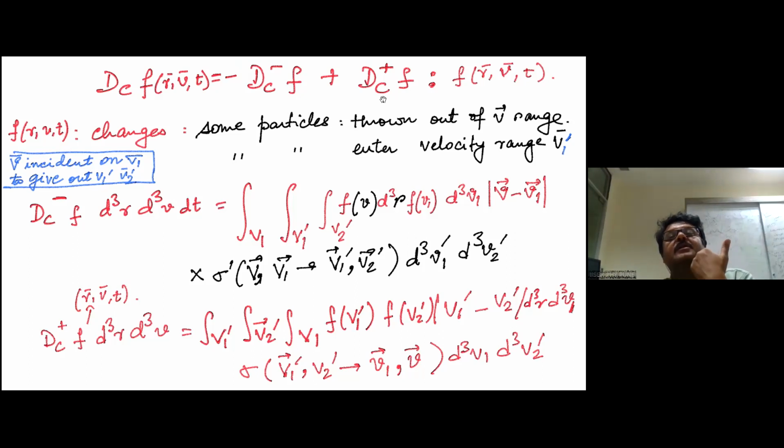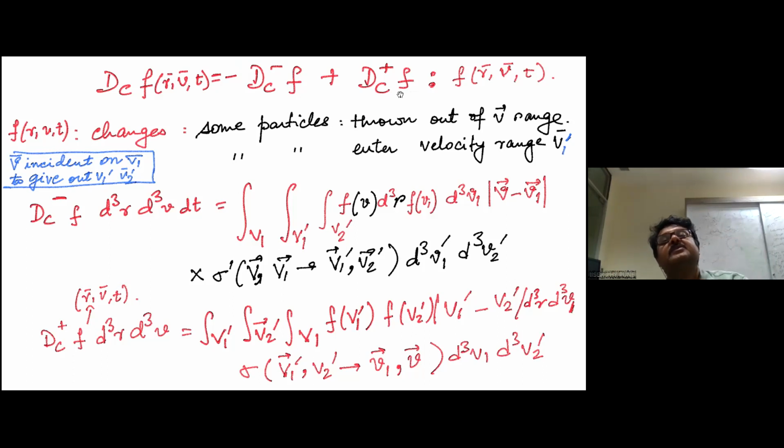And this term is other particles which are moving with other velocities; as a consequence of collision they are going to have velocity v2, say, previously we were giving the example of v1, v2, and hence f of v2 is going to change at position r.